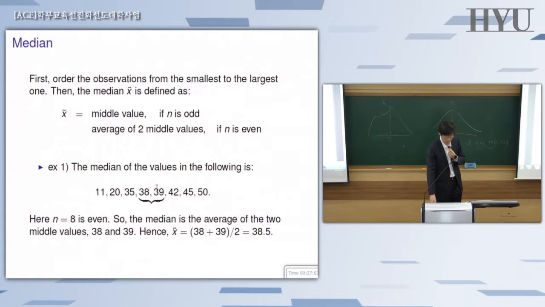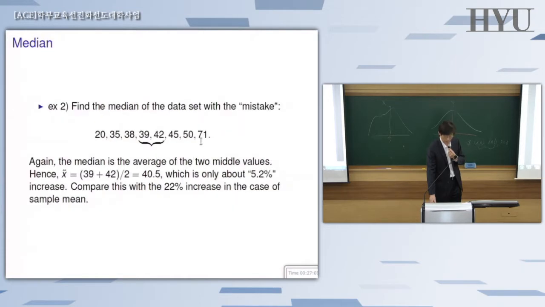Previously it was 38 and 39, but because of this, you just drop this lowest one and then add this wrong number of 71. The two middle values, 39 you keep, but instead of 38, 42 becomes the other value in the middle of this distribution. So now you have to take the average of these two, 39 and 42, and the newly computed median in this case happens to be 40.5.